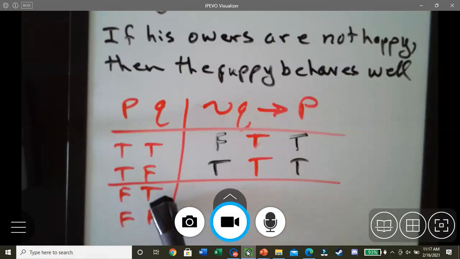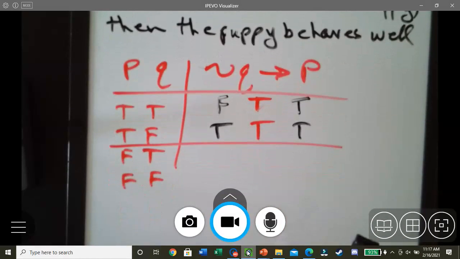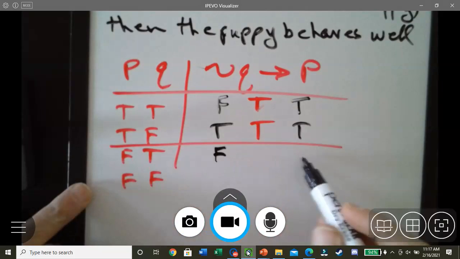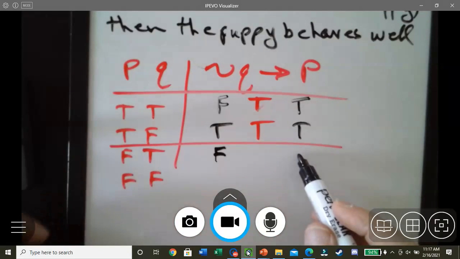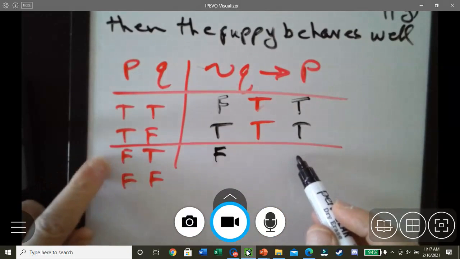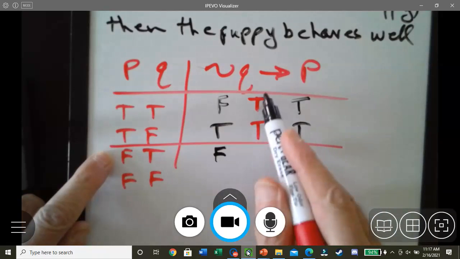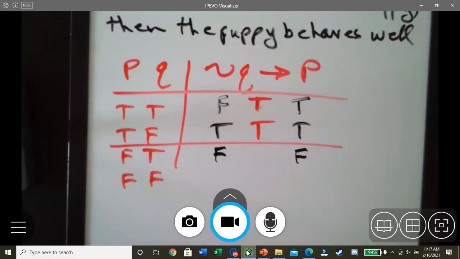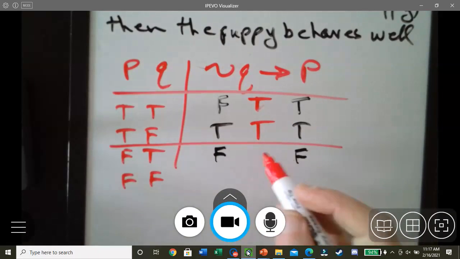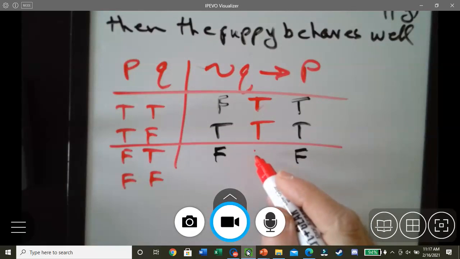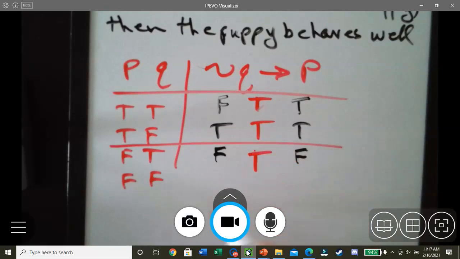Okay, now we're saying if Q is true, then not Q is false again, right? And P, what's that going to be? P is false, right? So we're saying if false, then false is, remember now, the only one that's false is if true, then false. So this one is true. Good.